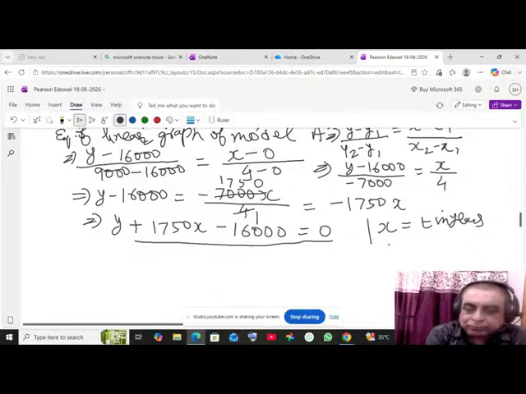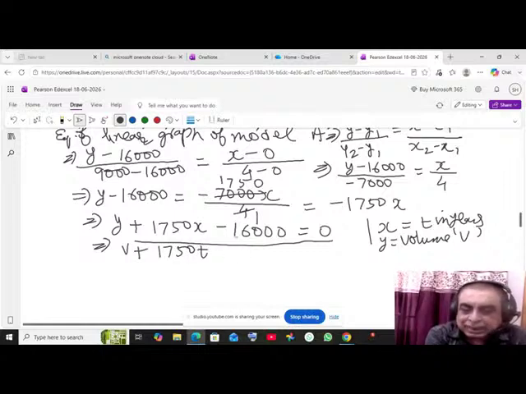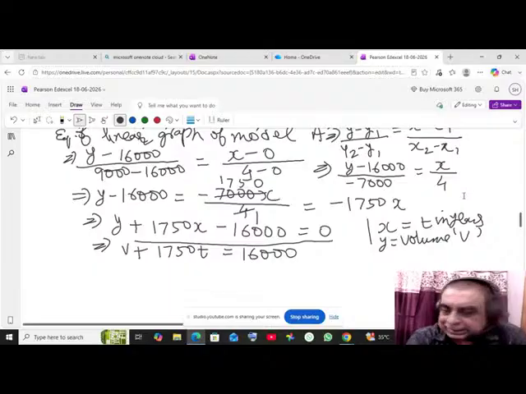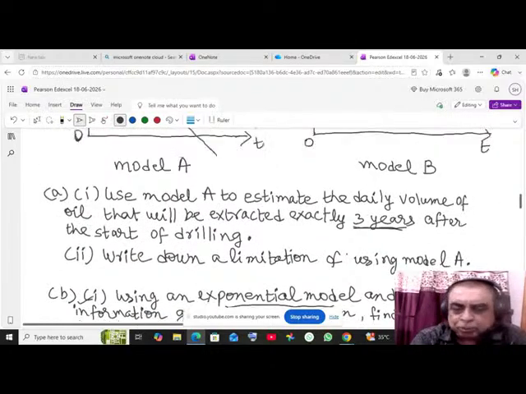And the y actually denotes the volume of oil, that is V. So you may write here if you want, in place of y, you may put V. And in place of x, you may put T. Okay, and minus 16,000, I am moving to the right. So that becomes plus 16,000. Okay, now that is the equation which is followed by the graph of model A.